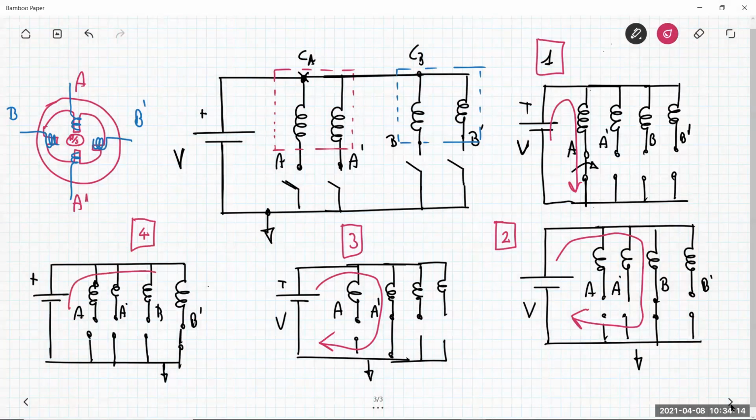The current flows in this way. Okay, so as you can see, the current is always unipolar, so it always flows in the same direction, but each time in a different phase and in half of each phase, which is different.